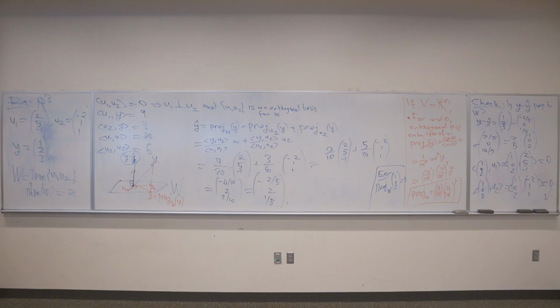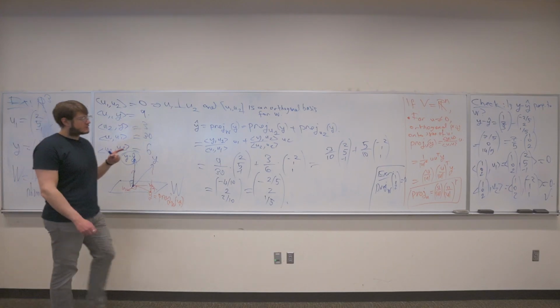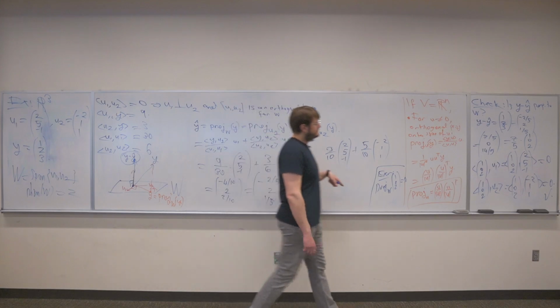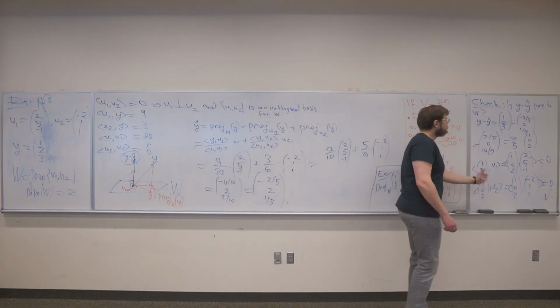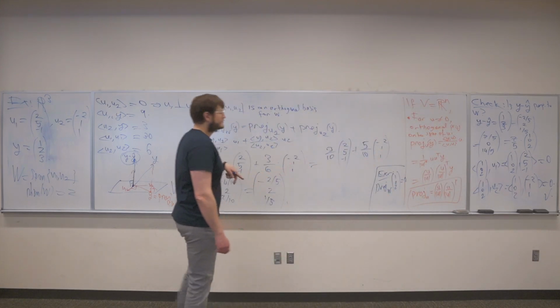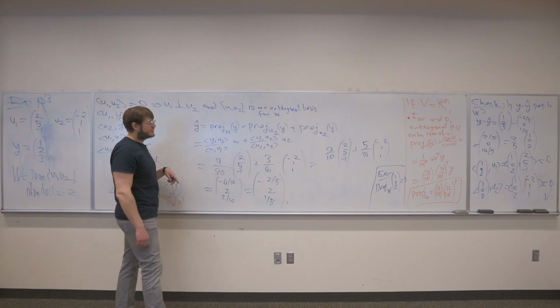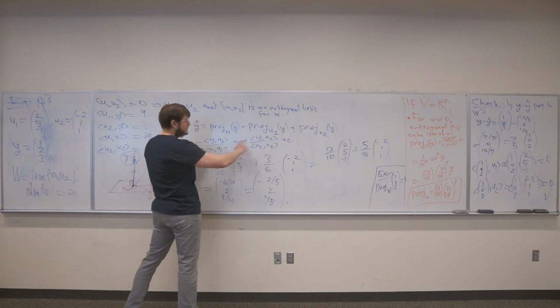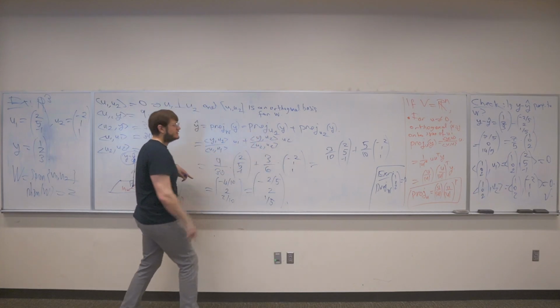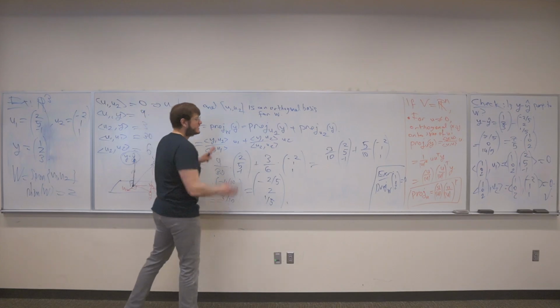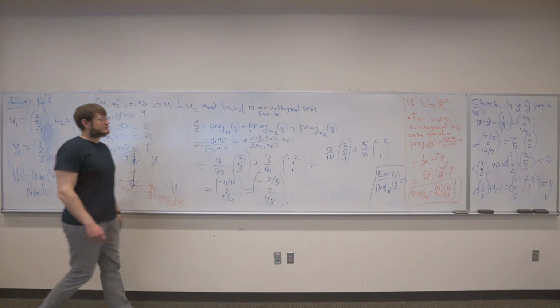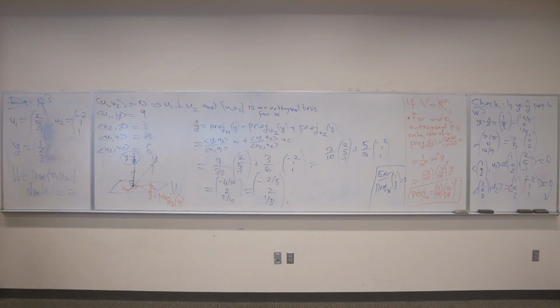Now, I want to do two things here. I'm not done with this example. One of them is, I want to do the same thing, this calculation here, using only the formula. Let's not worry about the numbers. Let's say y hat is this. I want to take this, subtract it from y, and see that that end result is going to be orthogonal to u1 and u2, purely because of algebraic reasons.